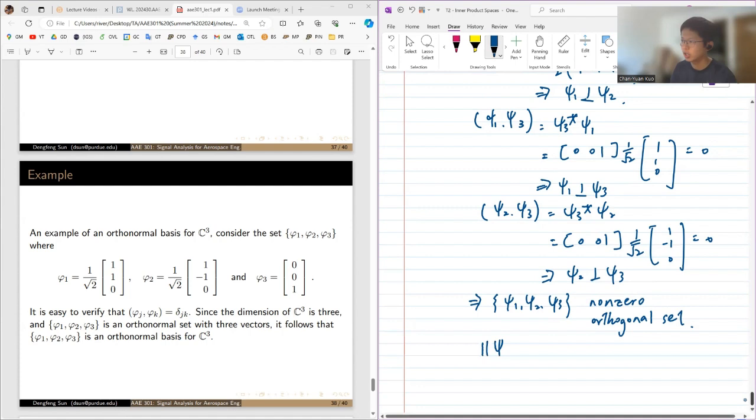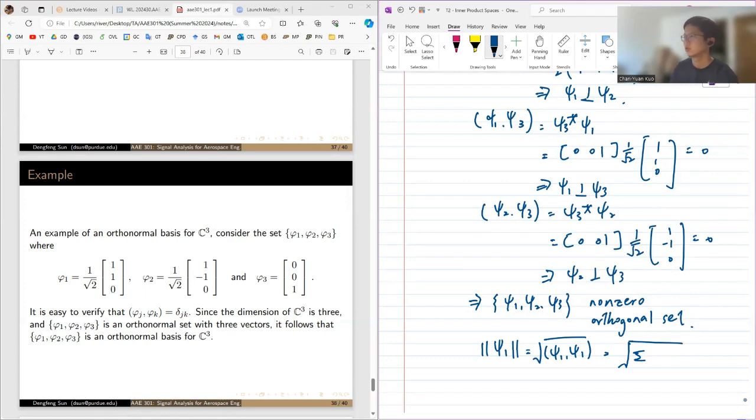So here we check the norm of psi1. It's going to be the square root of the inner product of psi1 and itself. Maybe I should just write it out.